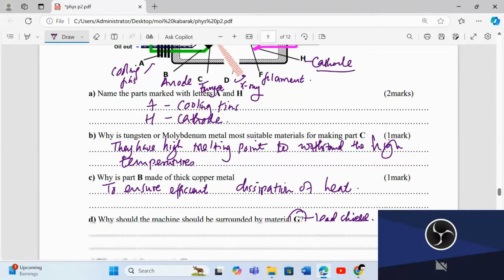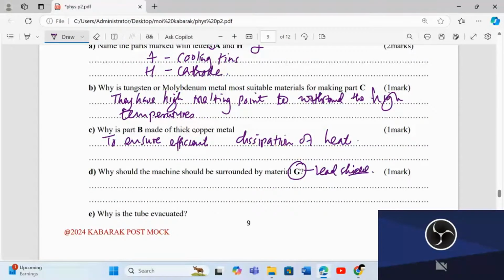So lead is used to absorb these stray X-rays, which would affect the X-ray tube operators.